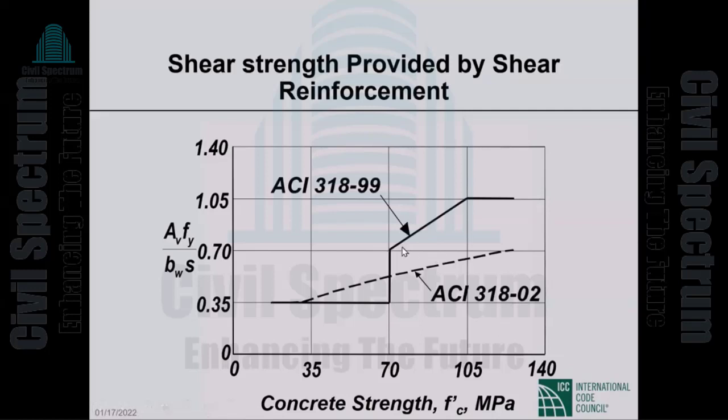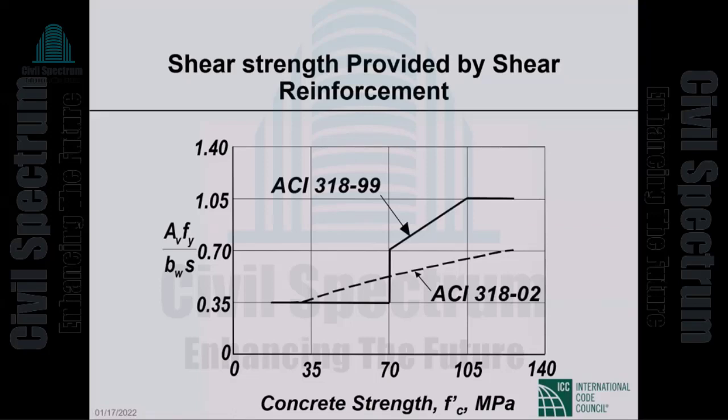That multiplier of 2 went up to 3, corresponding to 15,000 psi compressive strength. And after 15,000, we did not increase the multiplier anymore. So all of a sudden at 10,000 psi, we had to provide twice the minimum shear reinforcement that we would otherwise provide.